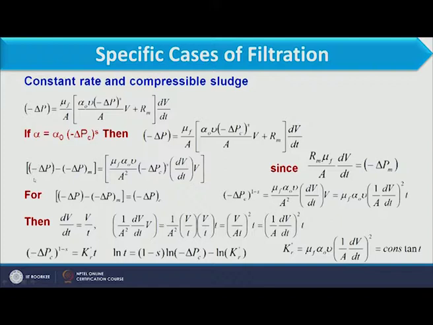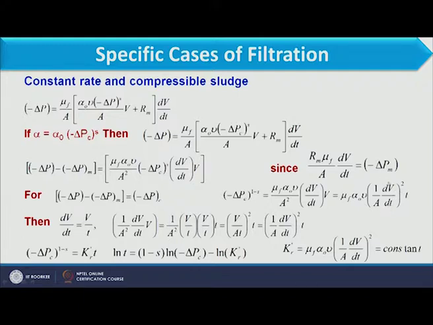So that we can take to left side, so that is delta P minus delta Pm equal to this expression. This would be nothing but pressure drop across the cake. So pressure drop across the cake we can keep, and here also we have pressure drop across the cake. So final equation would be pressure drop across the cake power 1 minus S equal to mu f alpha naught V 1 by A dV by dt whole square into T.